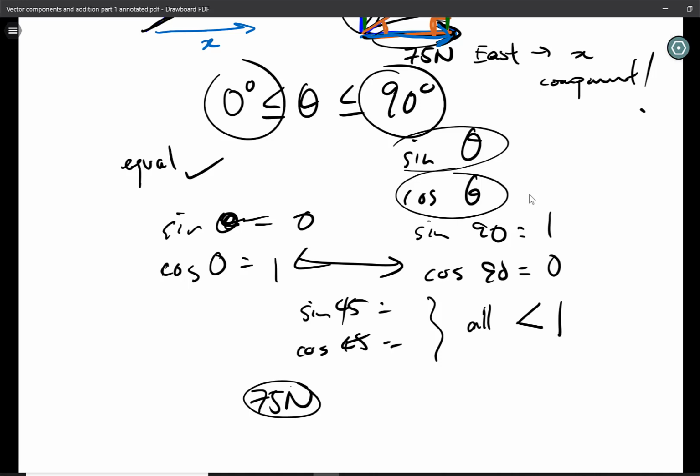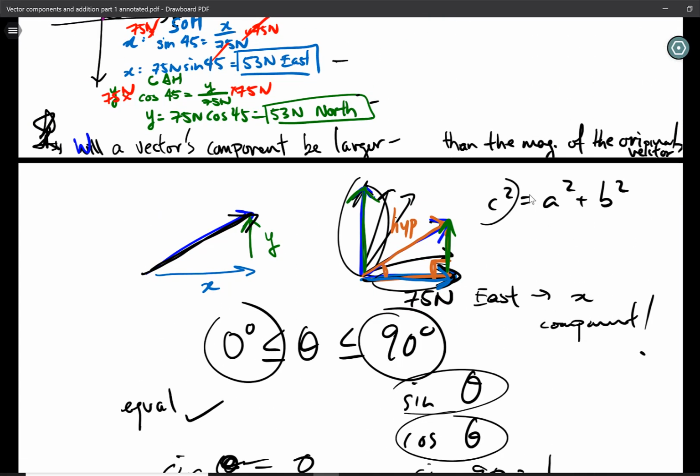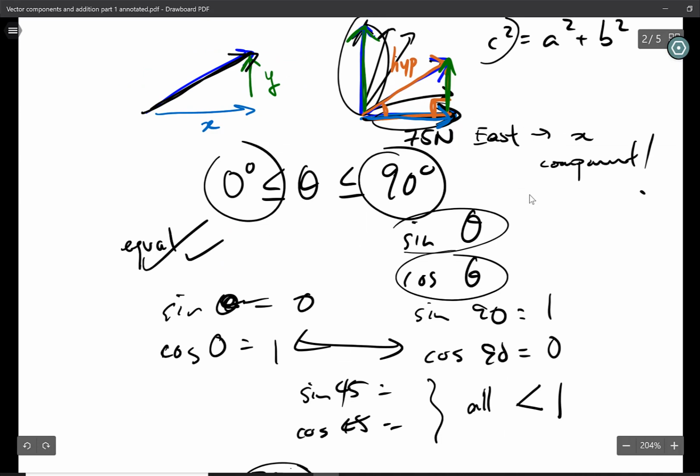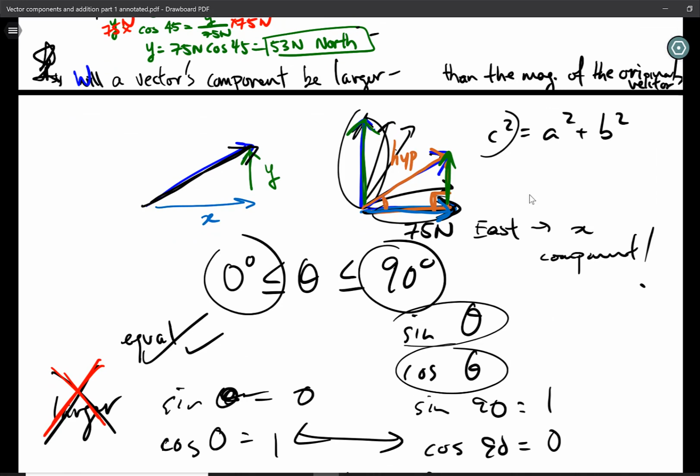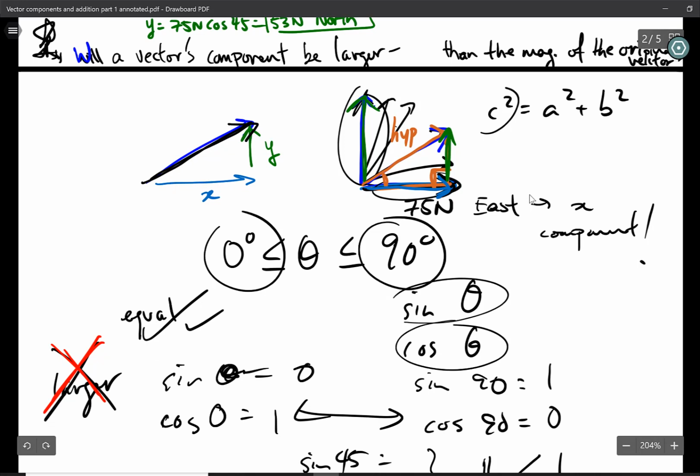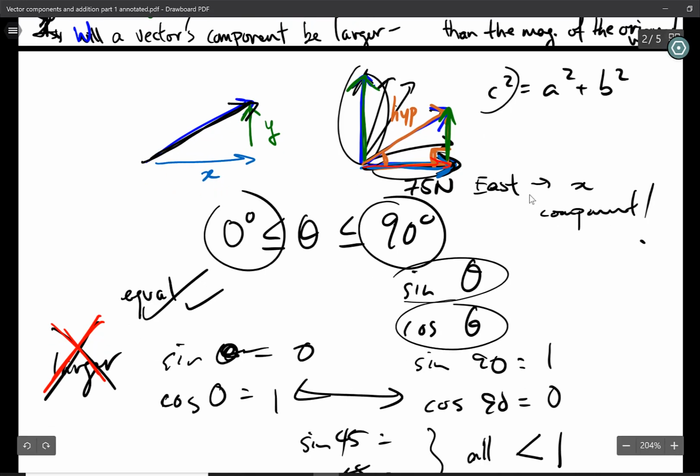So that means your components can never, ever be larger than the magnitude of the original vector. They can be equal, but they cannot be larger. So if you said no to this question, you are right. However, equal is still an option, and that just means that your vector is pointing vertical or horizontal.